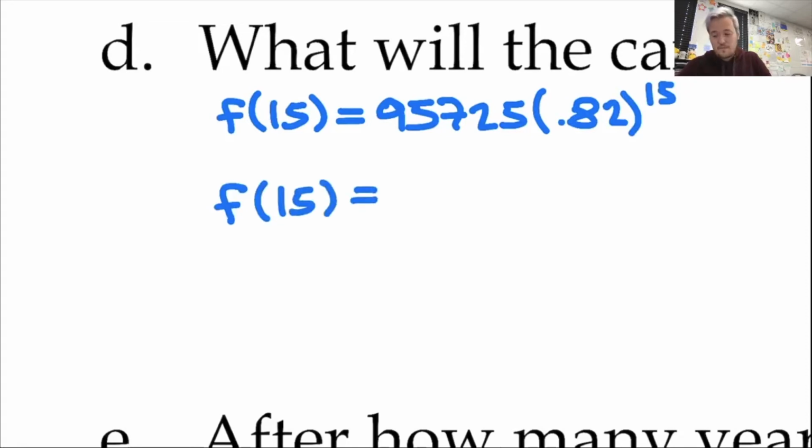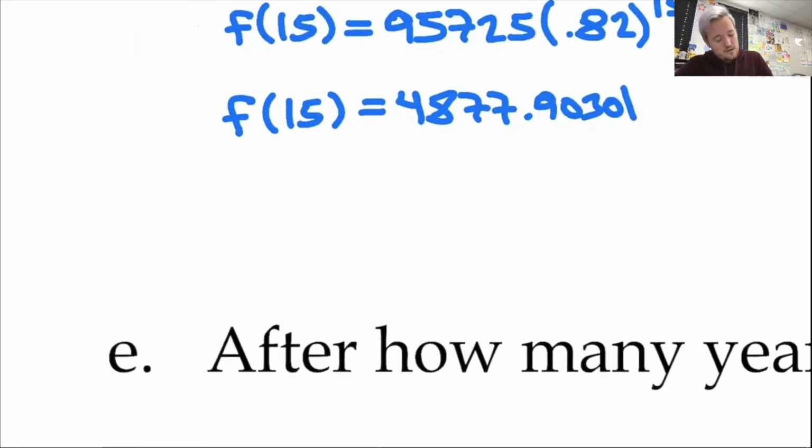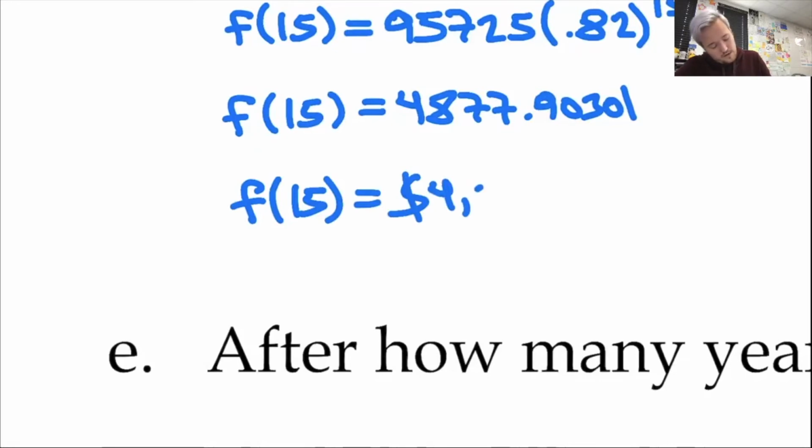When you plug it in, the car after 15 years is only going to be worth approximately, well, let's write out the value first, $4,877.90301. So with rounding to the nearest cent, the car is only approximately worth $4,877.90.